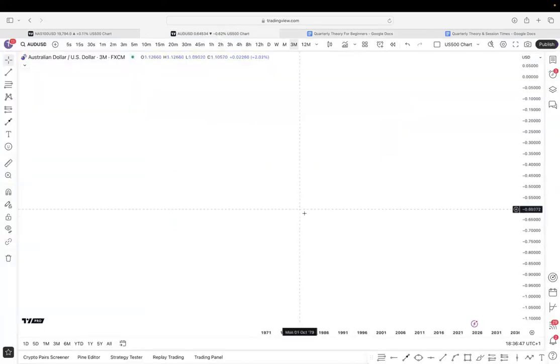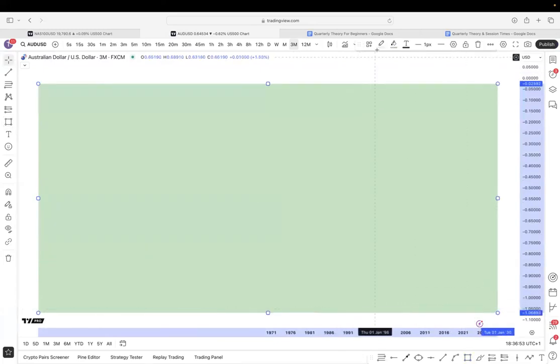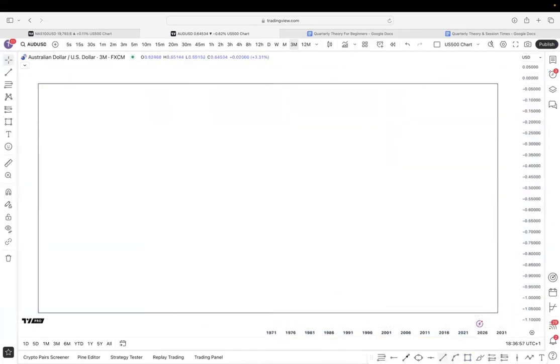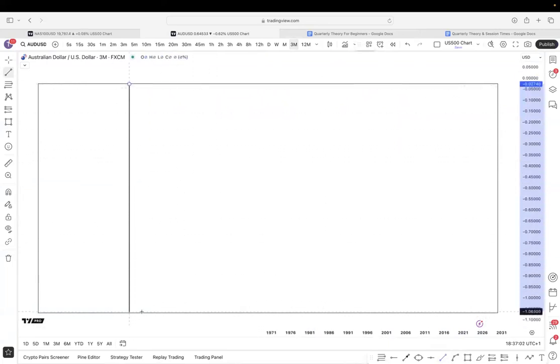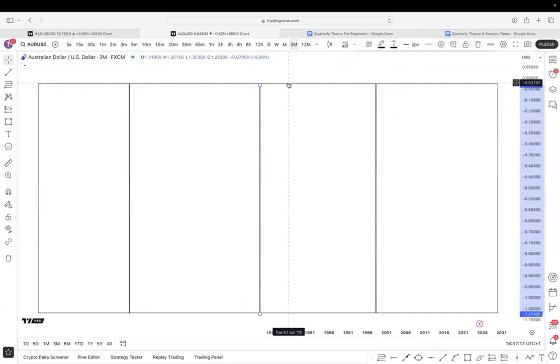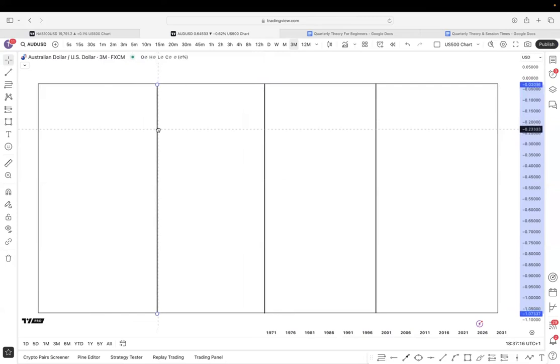Now, the very first thing I would like to do with regards to quarterly theory is just draw you a box. And with regards to this box, the only thing I want to do here is split this box into certain sections because this is going to be the easiest way to explain this process to you.